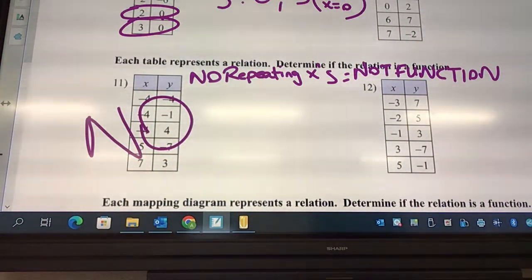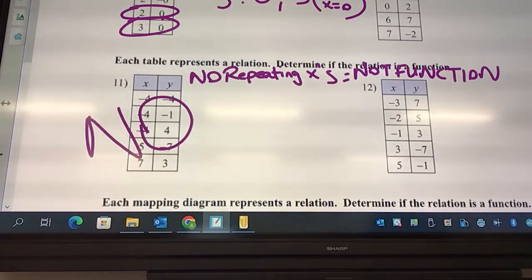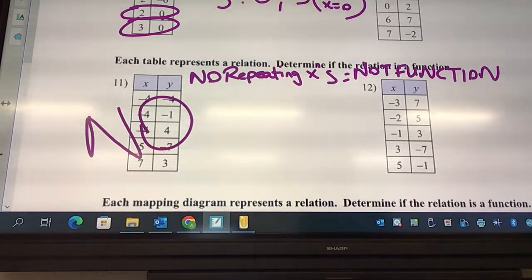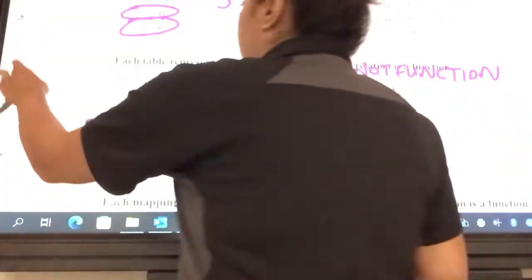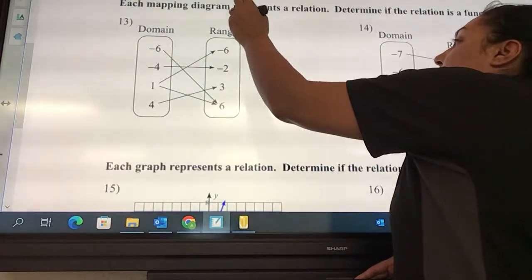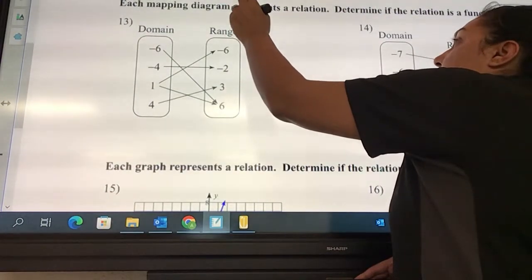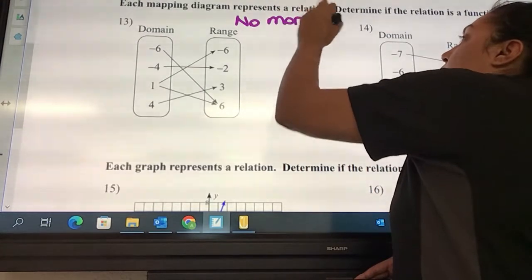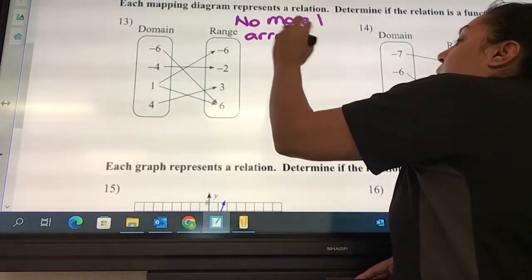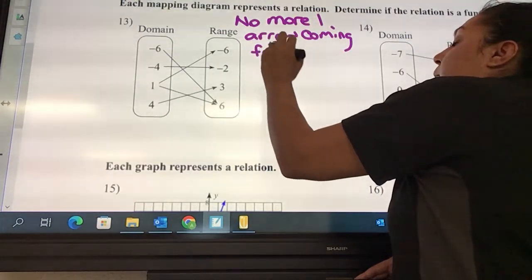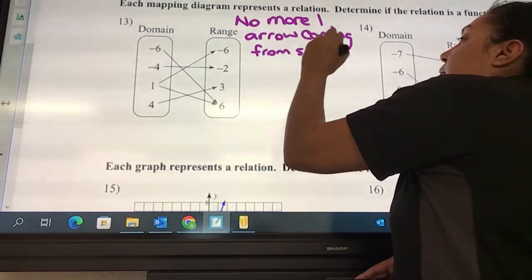Okay, what about for the mapping? How can you tell? You can't have more than one line coming from each x. No more than one arrow coming from the same x.